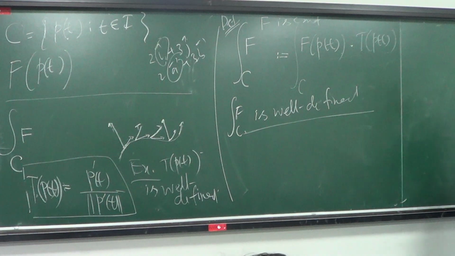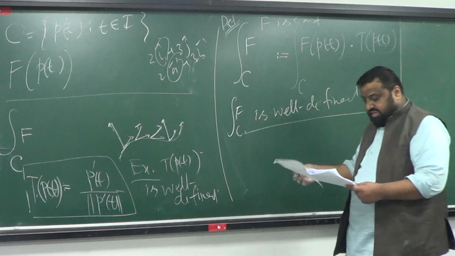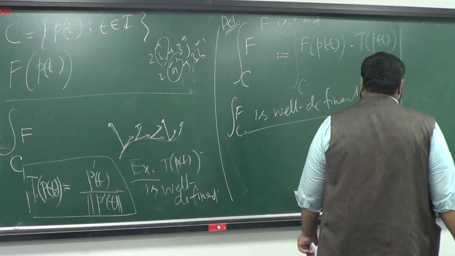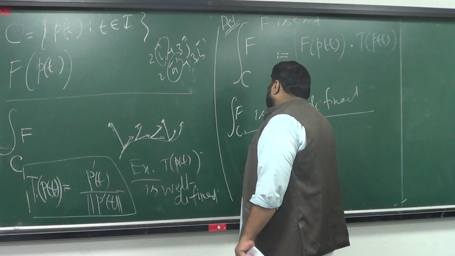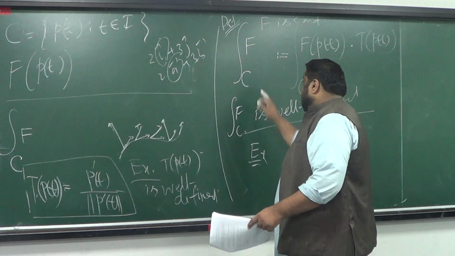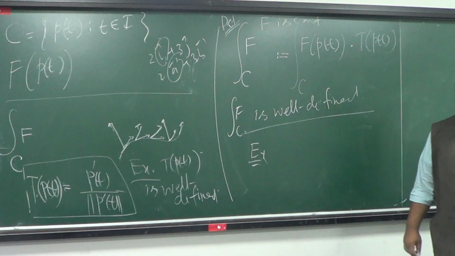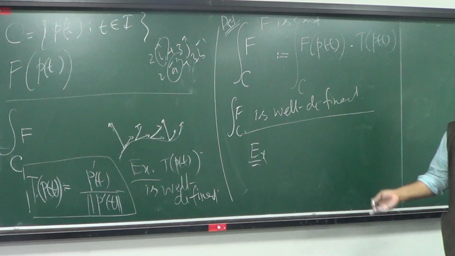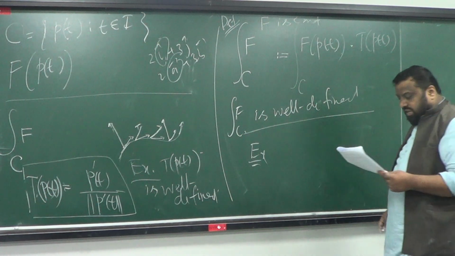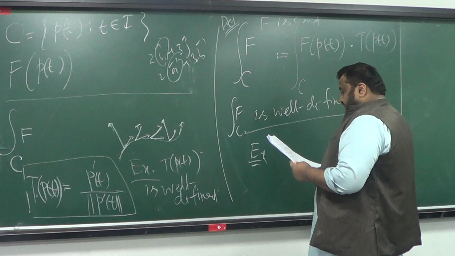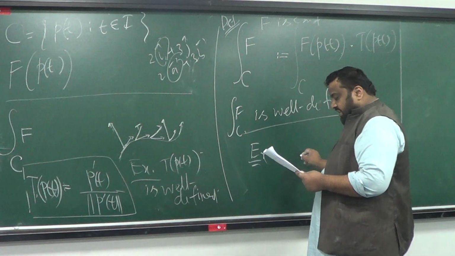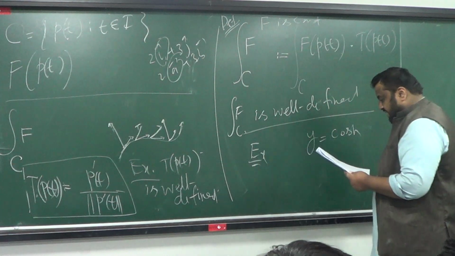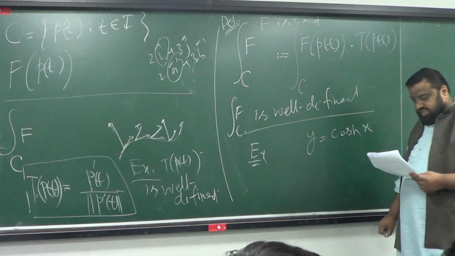So let's do one example, for example computing the integral of a scalar field over a curve. Imagine you have this curve, the catenary y equals cosh x.